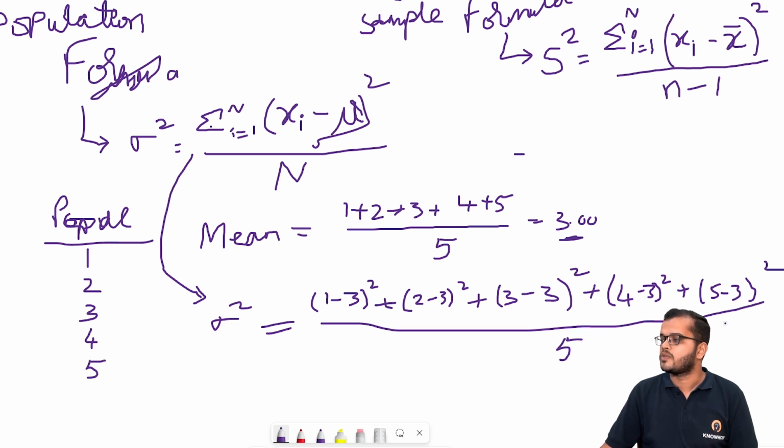We get 2. This is the population variance for our example.